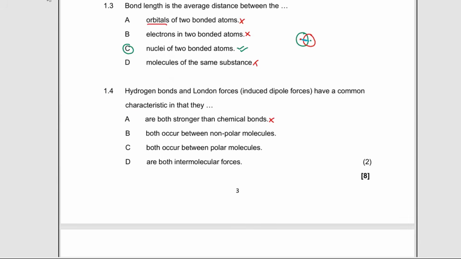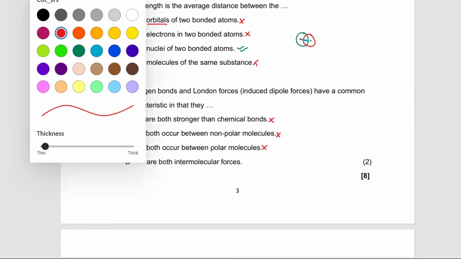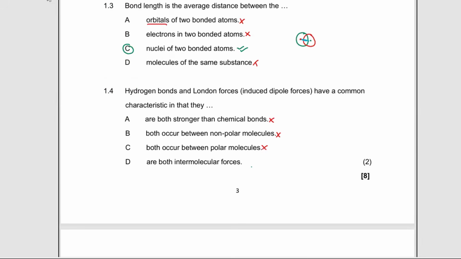This is incorrect. Then both occur between non-polar molecules, also incorrect. And then option C, both occur between polar molecules, which is also incorrect. Then option D says they are both intermolecular forces. Yes, that's our correct answer there.